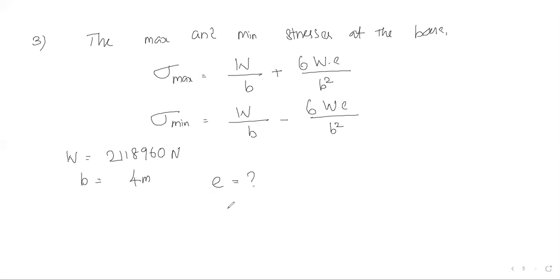So we all know one formula, E is equal to D minus B by 2. Whereas D is equal to AN plus NM, we know that from the diagram.